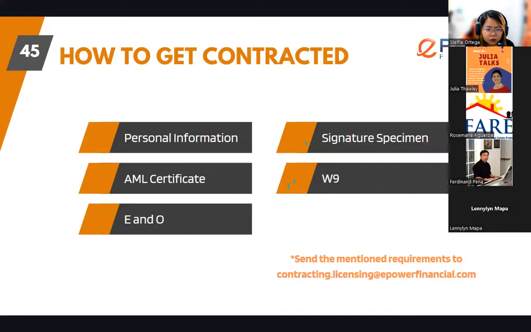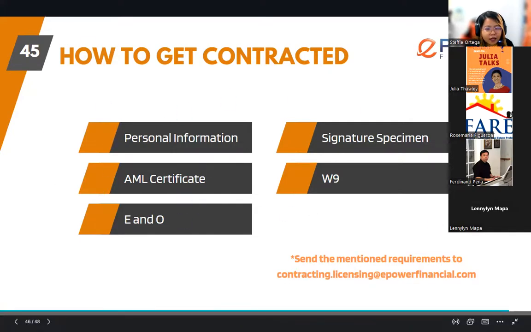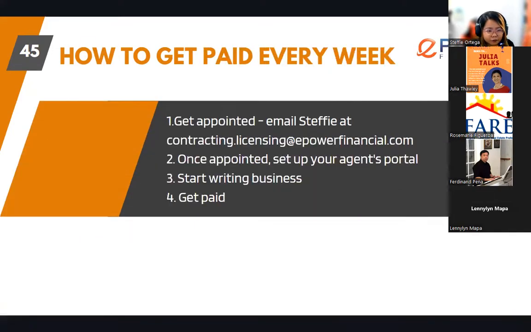So once you get all of this collected, send it to me at contracting.licensing@epowerfinancial.com, or you can send me a message in Slack. I'm always there. I have Slack on my phone and I get notified every time, so I can update you regarding your appointment. Once you get appointed and set up your portal, you start writing business and you get paid.